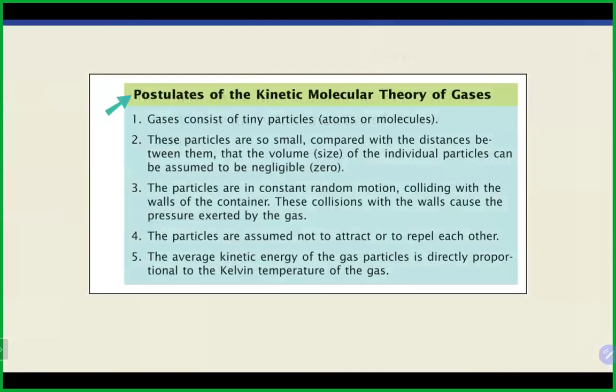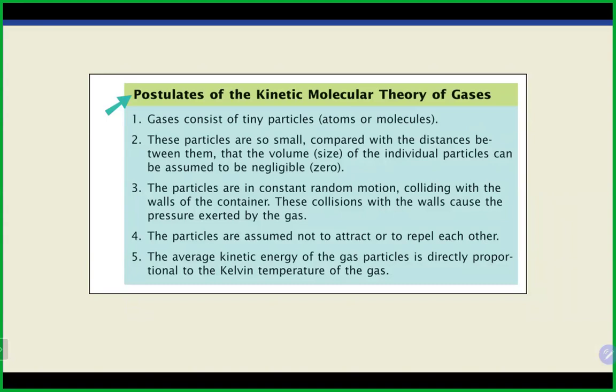So to finish up this chapter, this is the kinetic molecular theory of gases. A lot of the things in this you do need to know, but we did talk about them as we went through the different parts of this chapter. Gases consist of tiny particles that are atoms or molecules. These particles are so small compared to the distances between them that the volume of the individual gas molecules is assumed to be negligible.